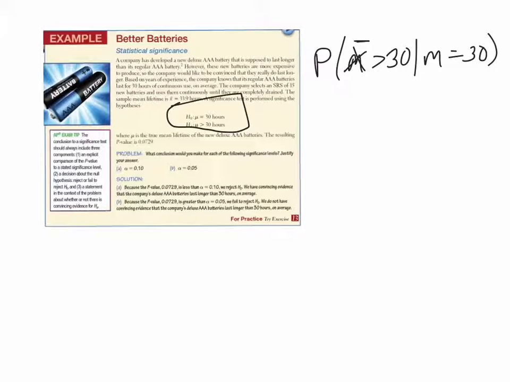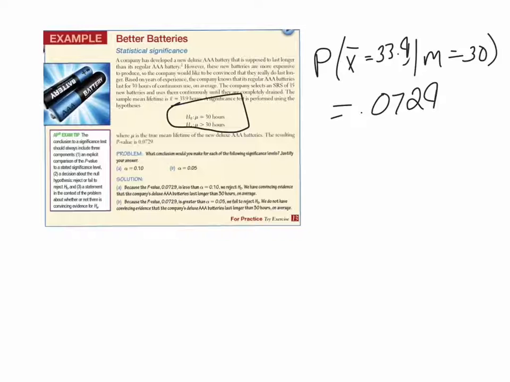I actually wrote that down wrong. I'm sorry, everybody. What's the probability of the sample mean being 33.9 occurring, given that the population mean is 30? What's the probability of that occurring? Well, they did the significance test, and they found that was 0.0729.